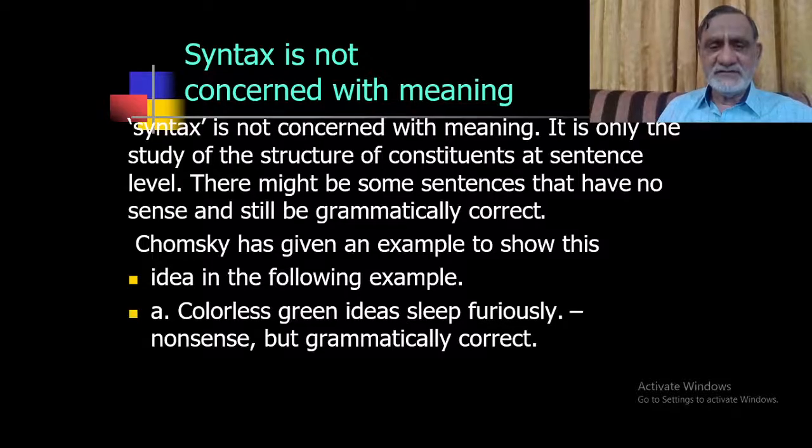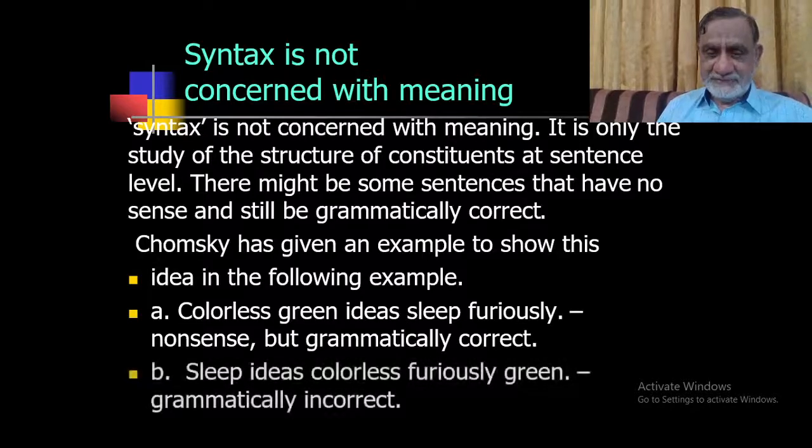It is nonsense. The meaning is not that sensible, but it is grammatically correct. There is no fault in it. Similarly, this sentence, sleep ideas colorless furiously green, is grammatically incorrect.